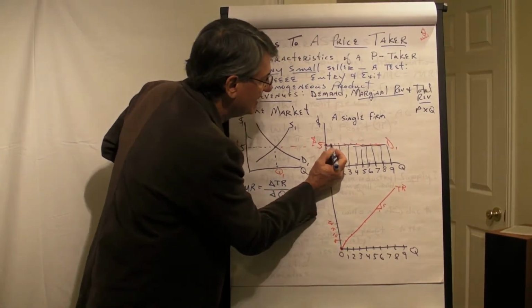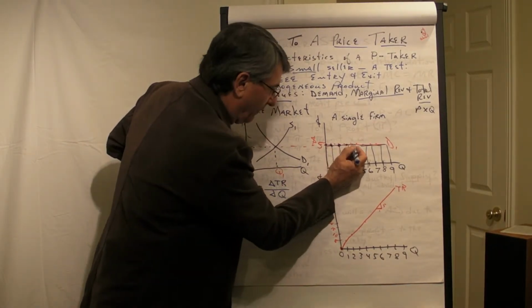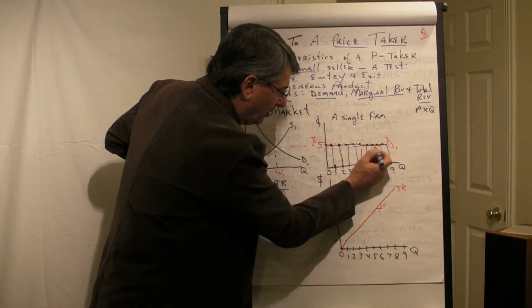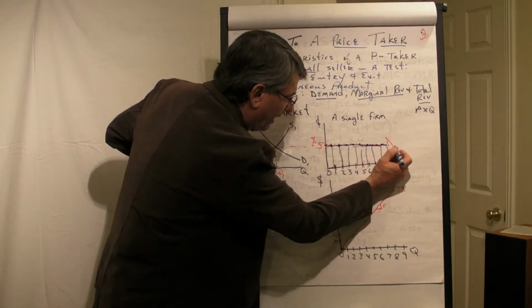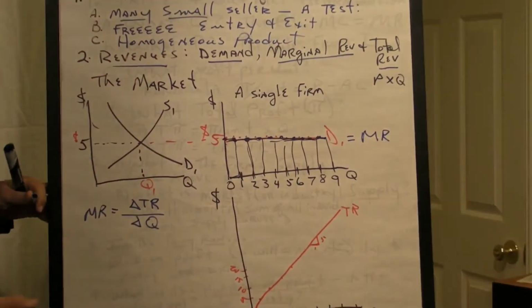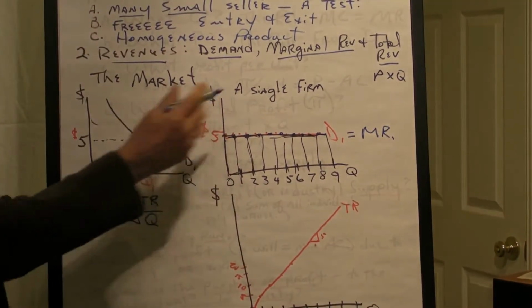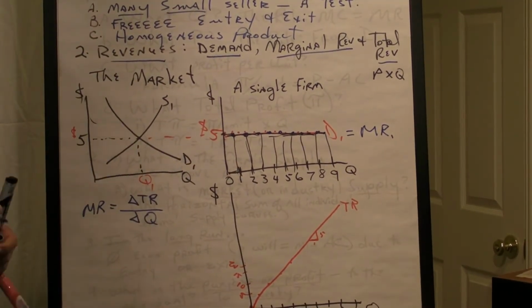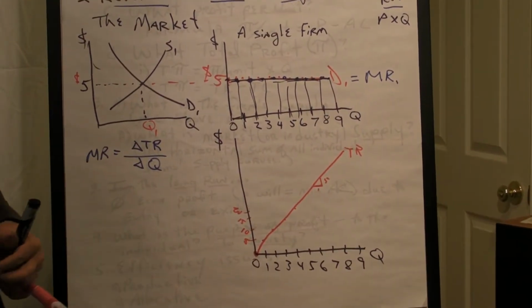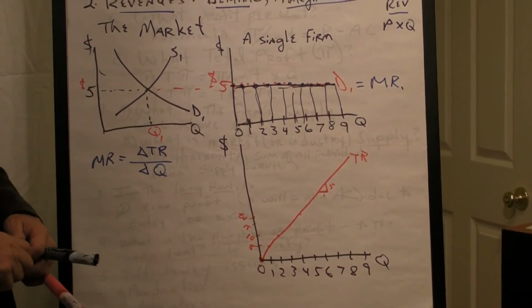So this is not only the demand curve for the firm, but every time they sell an additional unit, their total revenue increases by $5. So this is also the marginal revenue to a price taker. So demand, price, and marginal revenue are all the same to a price taker, and the total revenue is a straight line, the slope of which is the price.